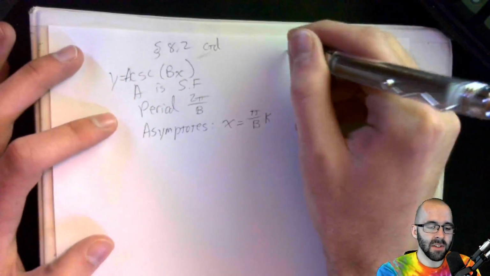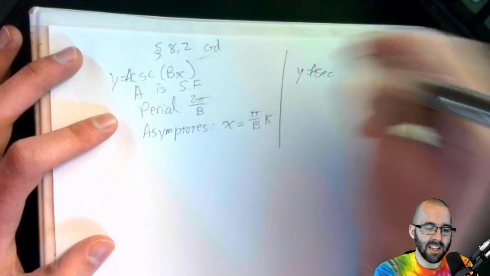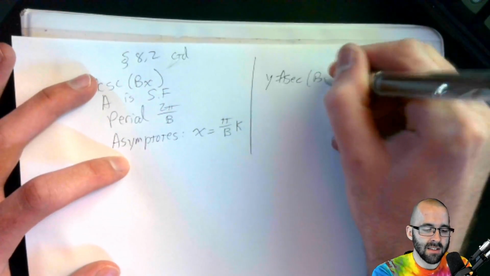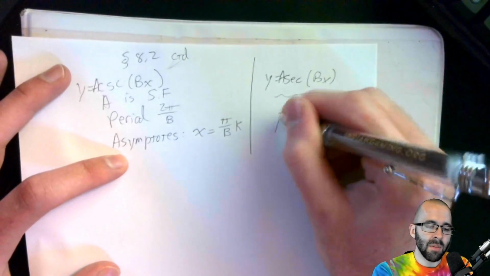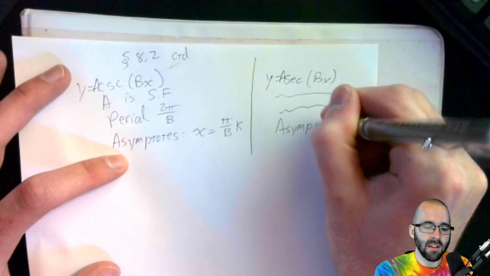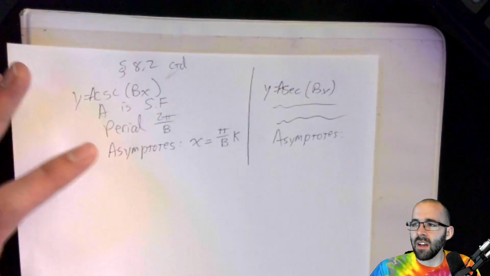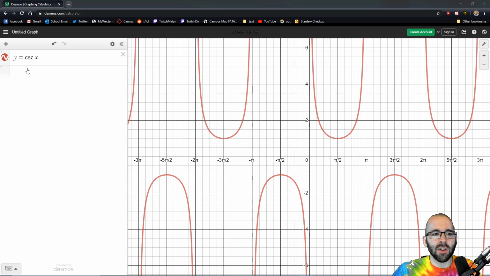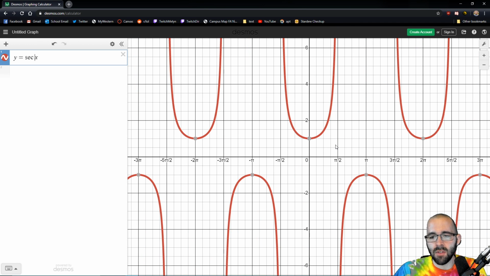Similarly, if we look at y equals a secant of bx, same stretching factor, same period, but the asymptotes for secant are going to be shifted over. Again, it's the same thing, just moved over.